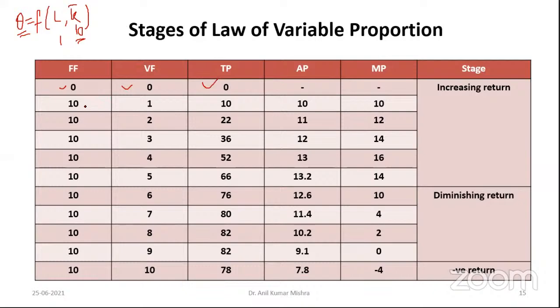Now, when the variable factors increase, let's say 1, 2, 3, 4, along with the fixed factor, which is always there, like the acres of land, the total product increases at an increasing rate up to a certain point. First it increases by 10, from 0 to 10.